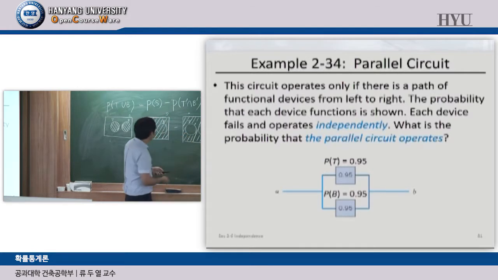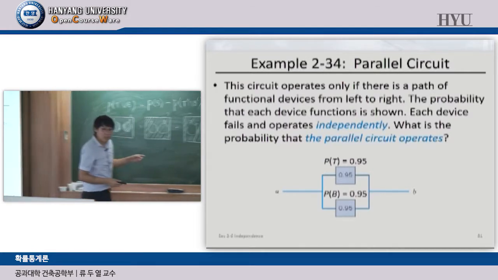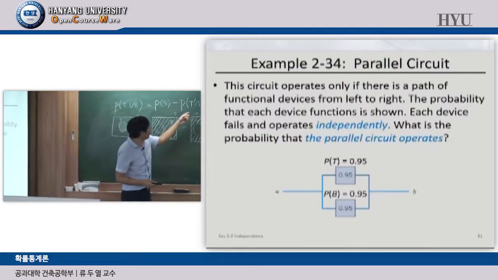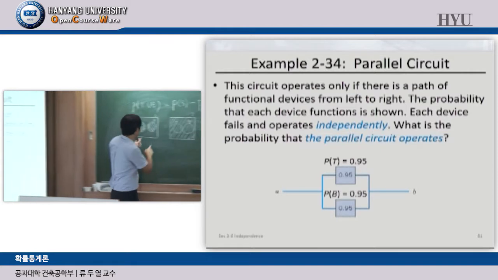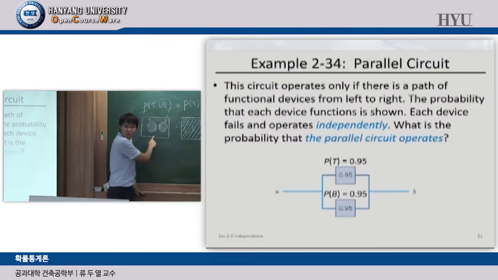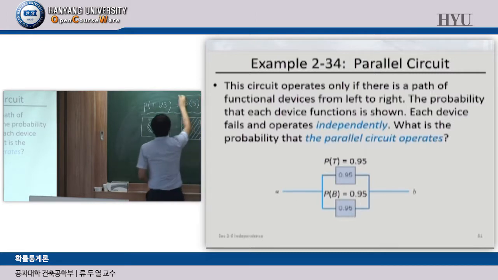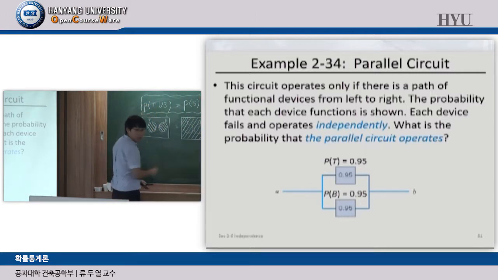Understood? So, if you subtract the intersection of the complement of T and the complement of B from the sample space, we can have the union of T and B, right? Okay? So, we can obtain this relationship from the Venn diagram.